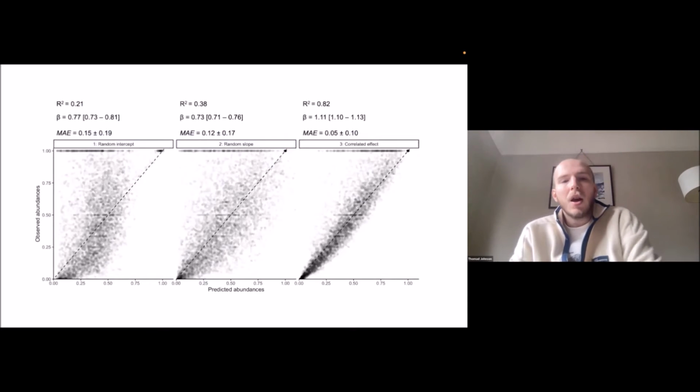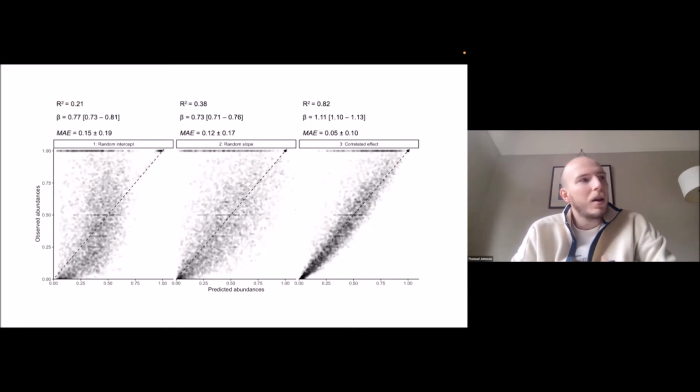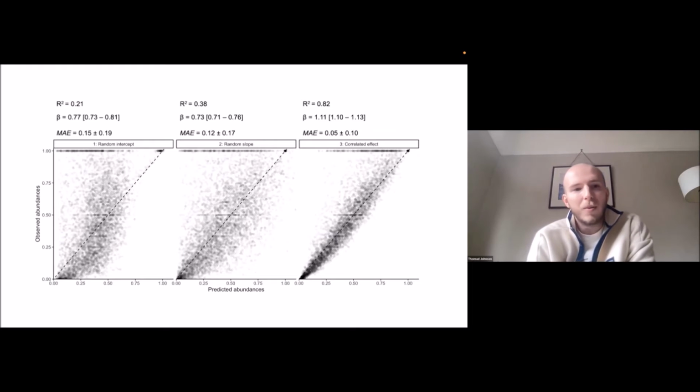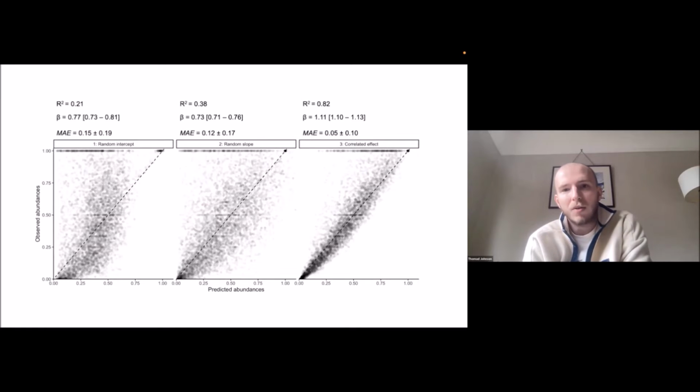And by better representing these implicit data structures, we actually see substantially improved prediction and forecasting ability. So here we have the three different models, and we've asked each of these models to predict the final abundance value in half of the time series.